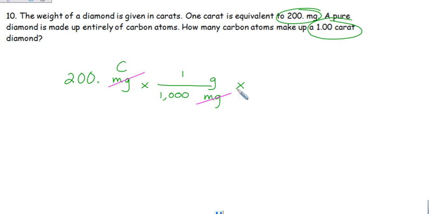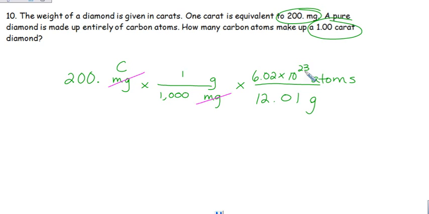Well, from there, I could cancel grams of carbon and switch it to atoms. Whenever I see grams, I know it's the molar mass on the periodic table. 12.01 for carbon. And whenever I see atoms, it's the 6.02 times 10 to the 23rd.